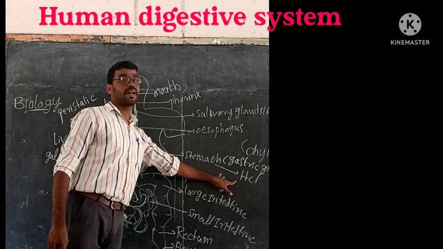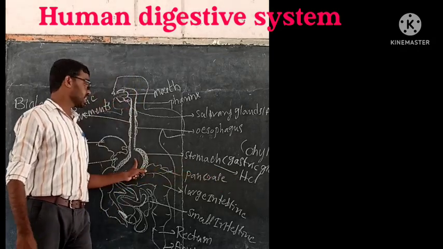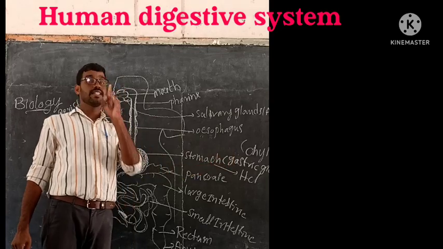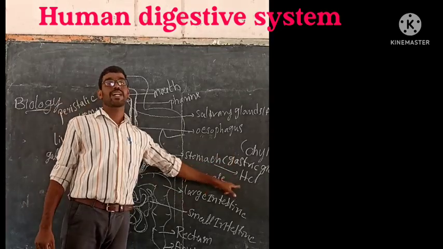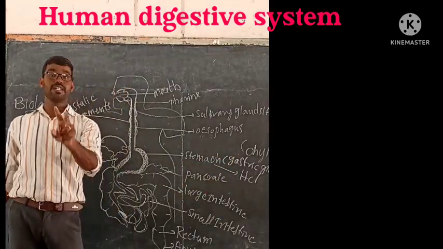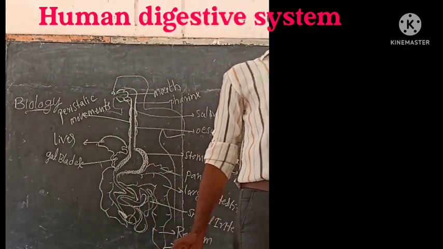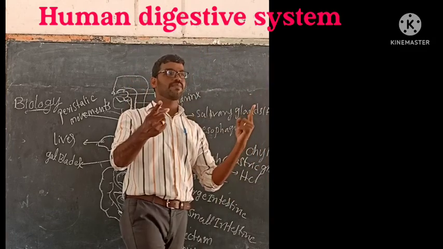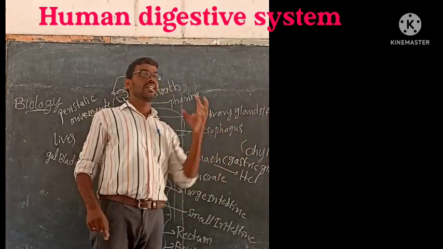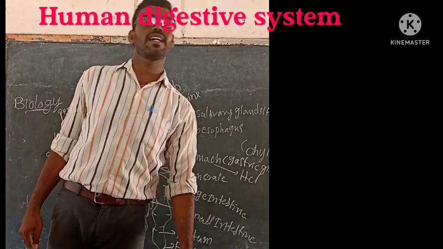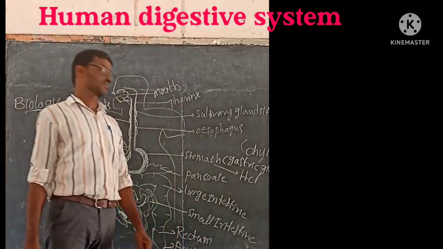This acid is important for activating the enzymes present in the gastric juice. That is the first function. The second function is that it kills microorganisms present in the food. How many functions are there for HCl? Two. One is activating enzymes. The second one is killing microorganisms which are present in the food.